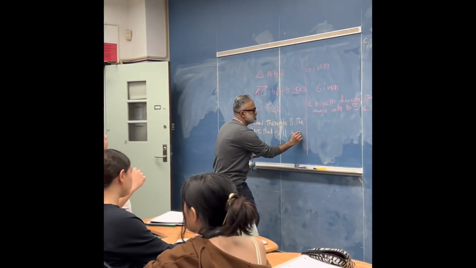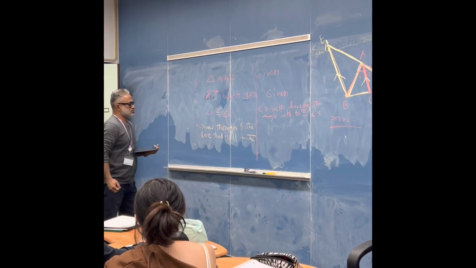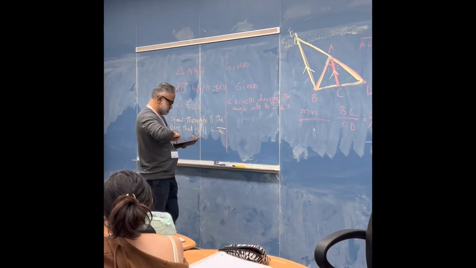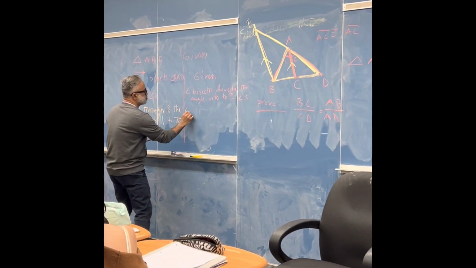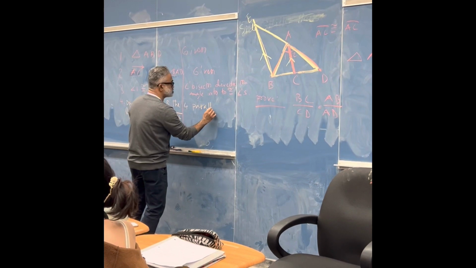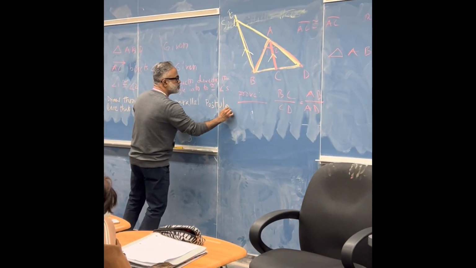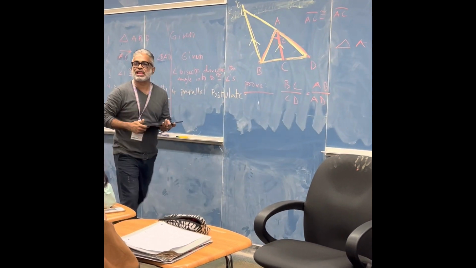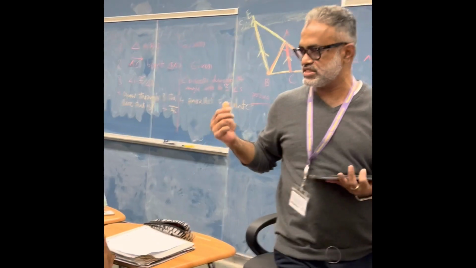AC, okay? So now, why? We can say that this is parallel. What is the name of these rules in geometry? Postulate, right? This is the parallel postulate. We have drawn a line which is parallel to this, right?